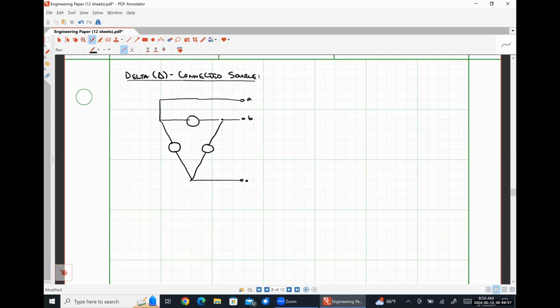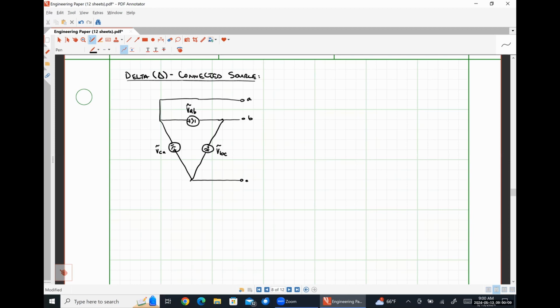So this is the common representation. Okay. Let's go ahead and fill in some information here. So this is going to be the voltage VAB. This will be my voltage VBC. And this will be my voltage VCA.